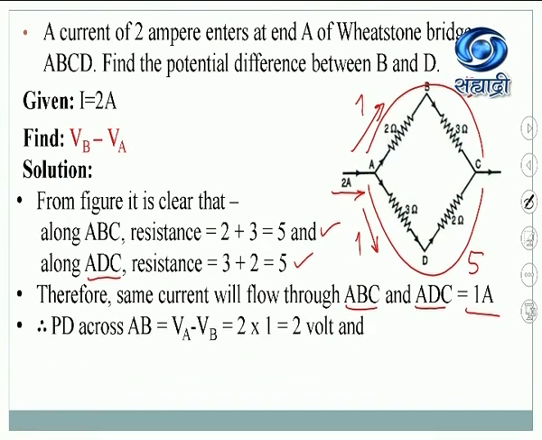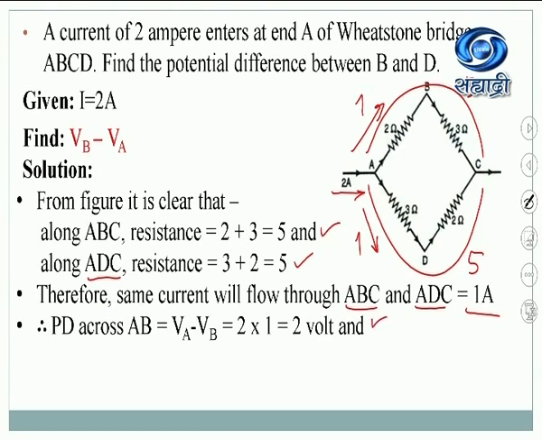Therefore, what will be the potential difference across AB? Always remember, when current goes from A to B, it indicates that current goes from higher to lower potential. Potential of A must be greater than that of B. So we write this as VA minus VB, equal to 2 into 1, where 2 is the resistance and 1 is the current.